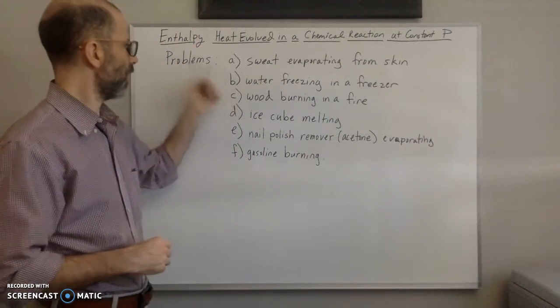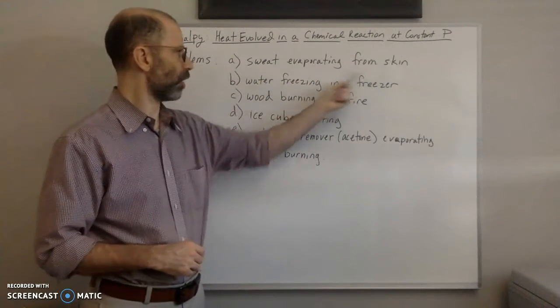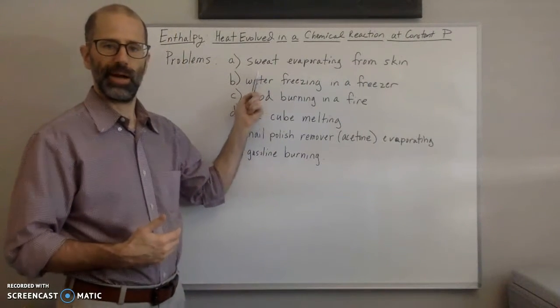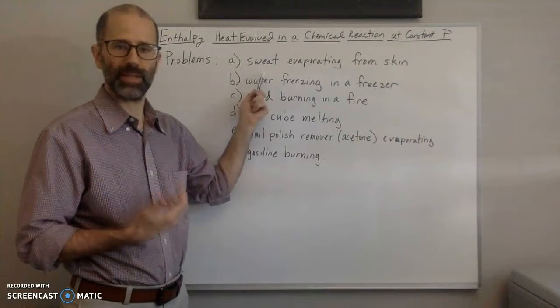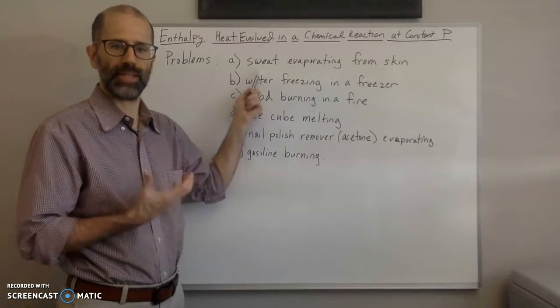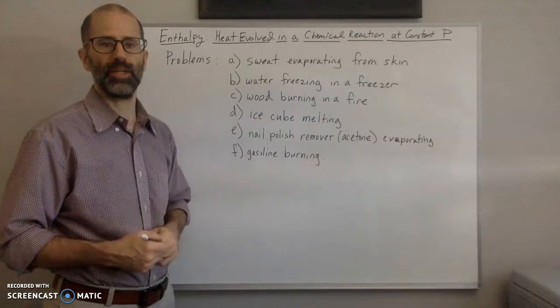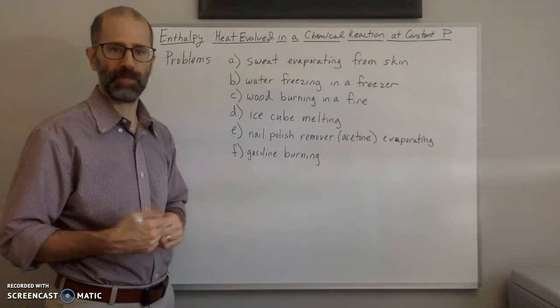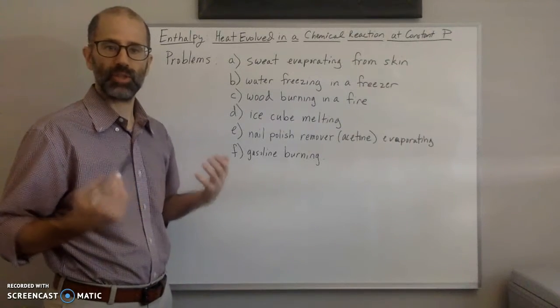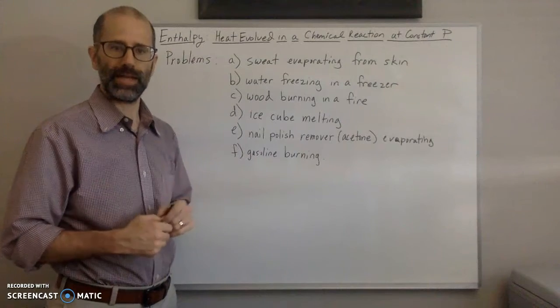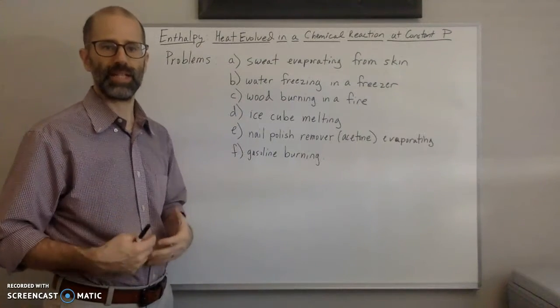Starting with A, sweat evaporating from the skin. So here, the sweat is our system, right? So the sweat is evaporating. What has to happen in order for sweat to be evaporated from the skin? Well, the sweat, which is liquid, has to absorb energy from somewhere. It has to be heated up.